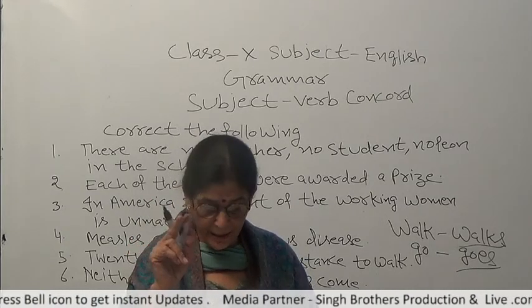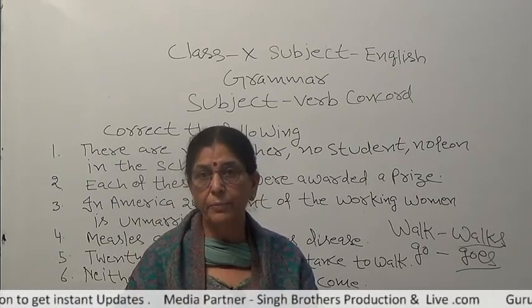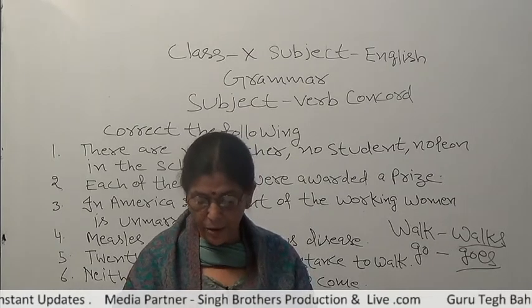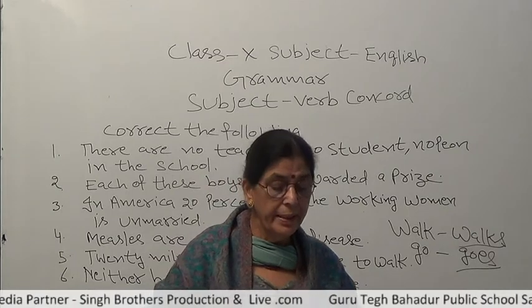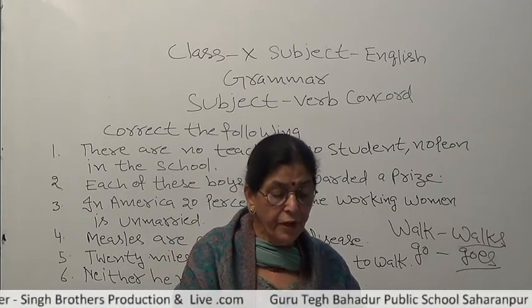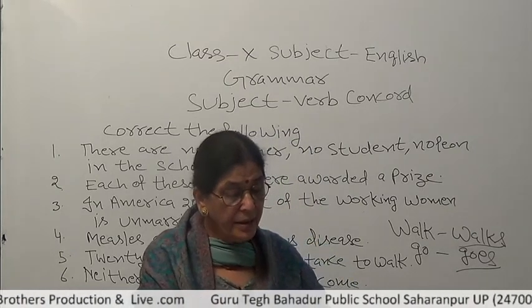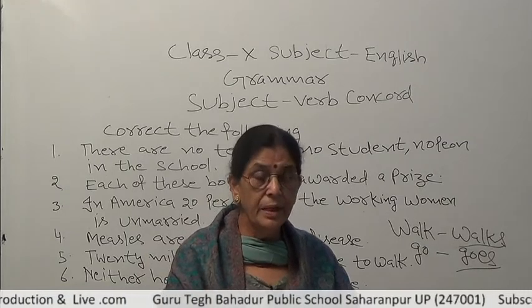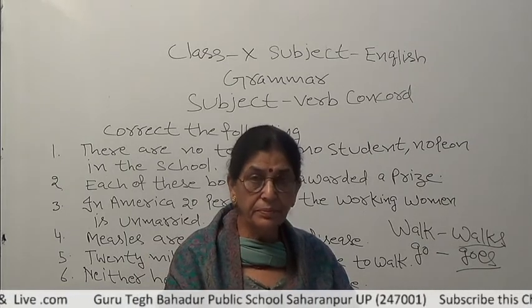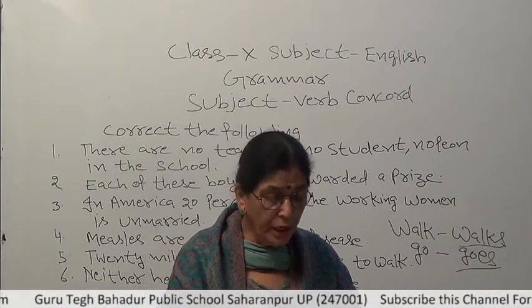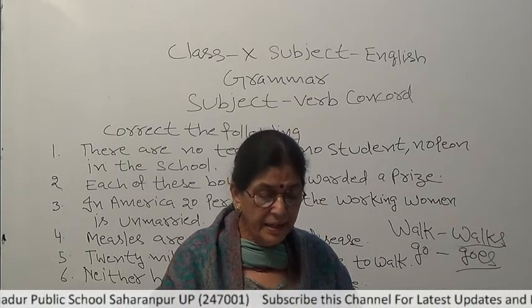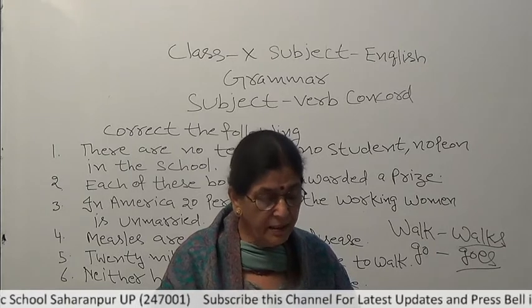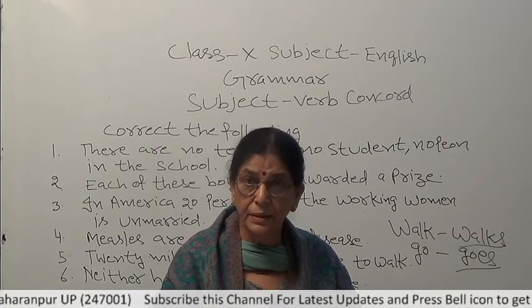Two are here, so we have used a plural verb, the cow and the goat are grazing. Next, we use a singular verb if two subjects, or you can say two nouns, are separated and refer to the same person or thing.